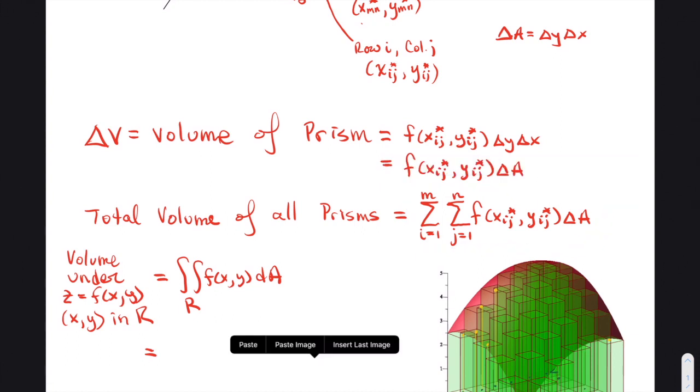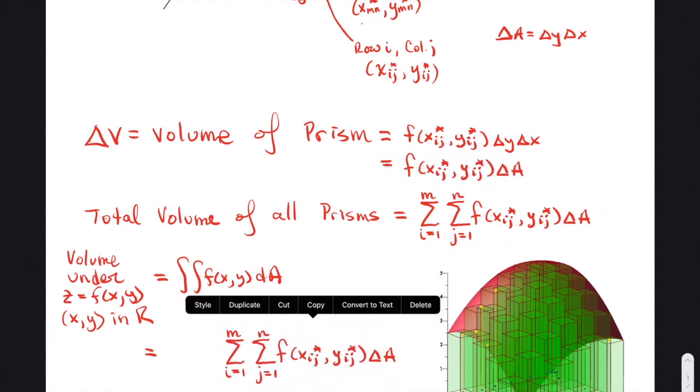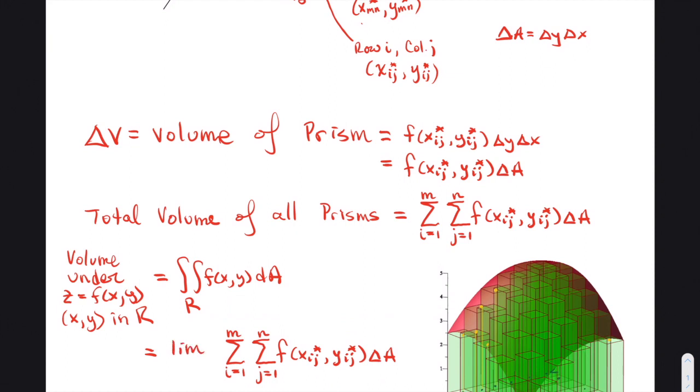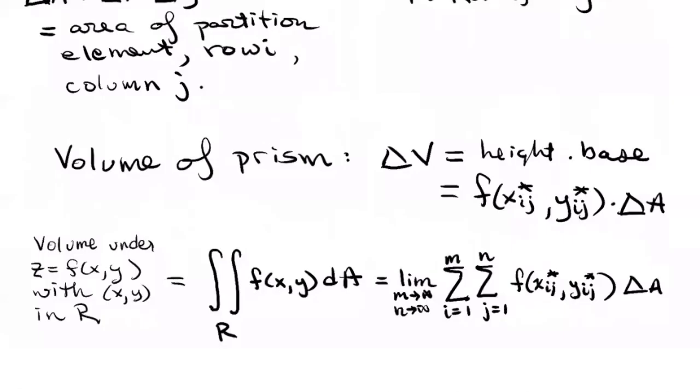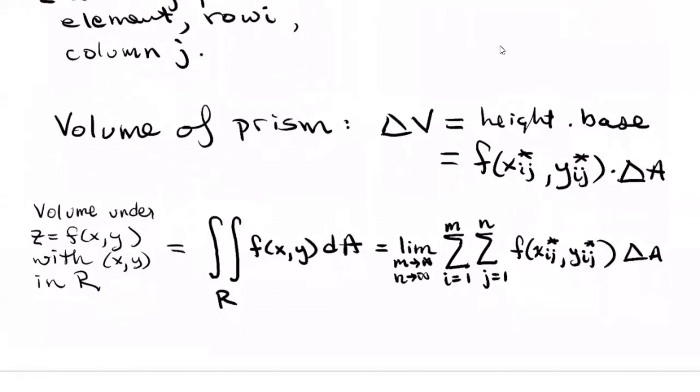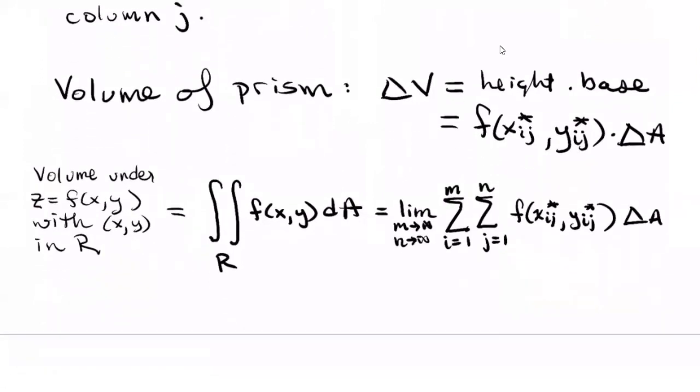So let me just paste this in down here, and we'll add a limit as m goes to infinity and n goes to infinity. And that's just the definition of the double integral. Okay, so we've got the definition of a double integral here over a rectangular region.